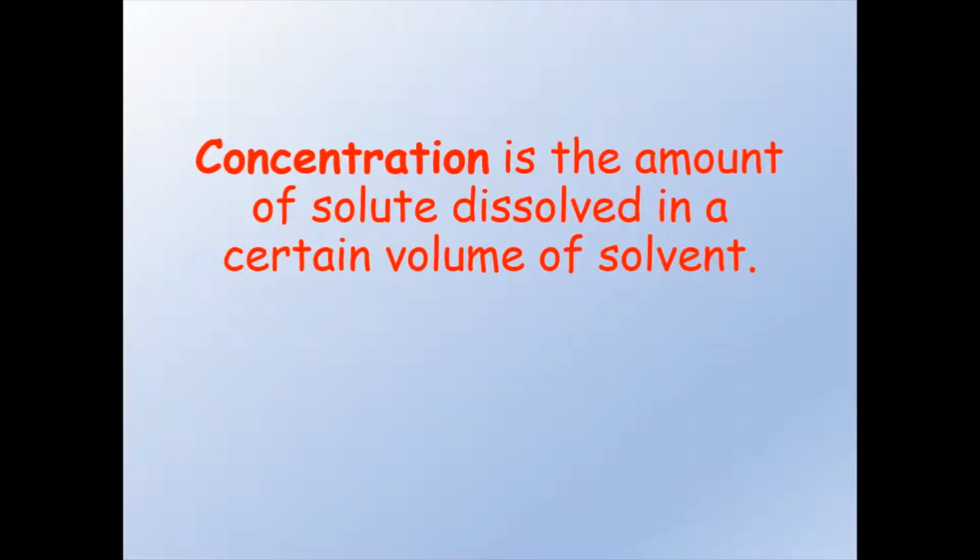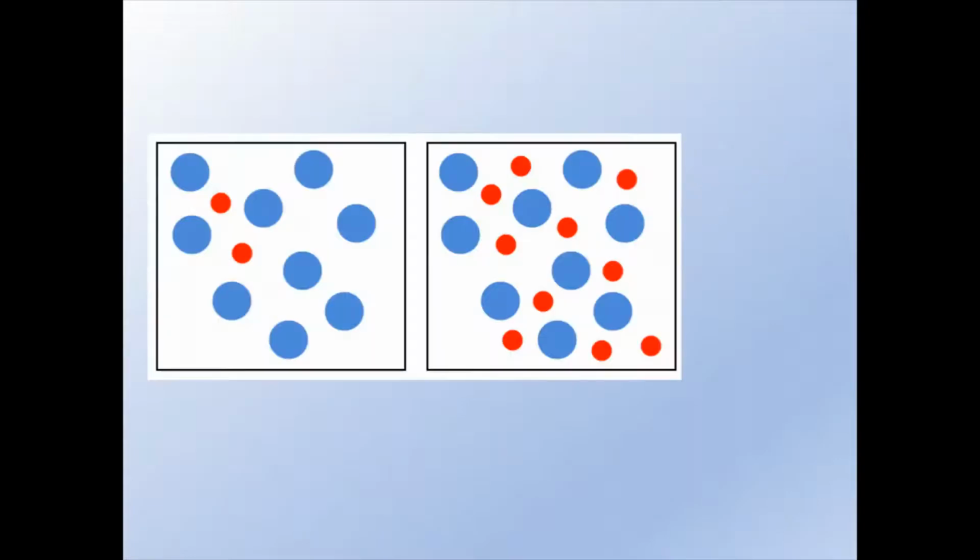We're going to look at this in a bit more detail by looking at these two representations of solutions. So these two pictures show the particles in two different solutions, and the blue particles show the solvent, so the liquid in the solution. This could, for example, be water.